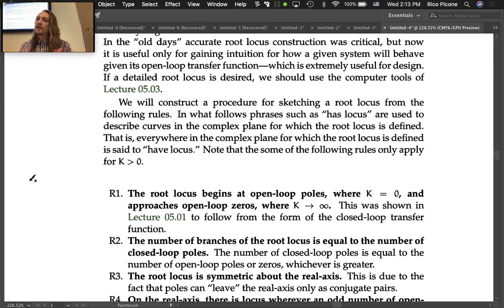Note that some of the following rules only apply for positive gain. We talked about that last time. We're only going to consider positive gain root locus construction because that's the one that is most useful most of the time. There are very occasional situations where a negative root locus is interesting, in which case I recommend just using MATLAB, or exploring in the Nise textbook how to construct a negative root locus.